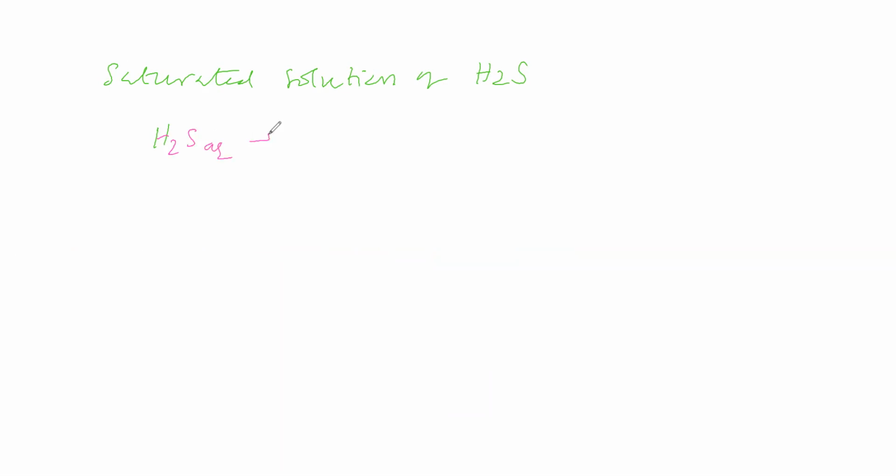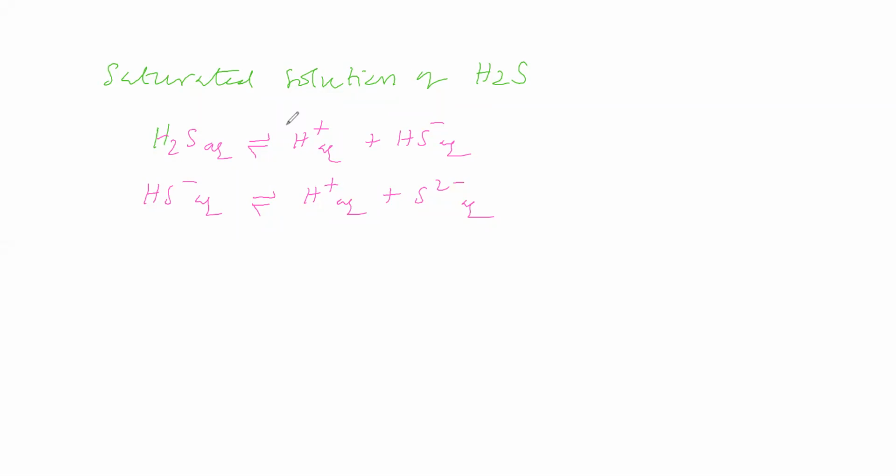H2S aqueous is in equilibrium with H plus aqueous and HS minus aqueous. HS minus aqueous is in equilibrium with H plus aqueous and sulfide aqueous. So these equilibria are possible in the saturated solution of H2S.